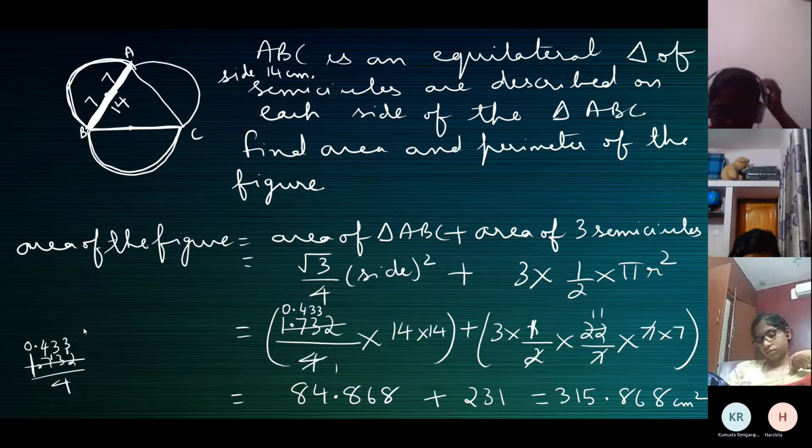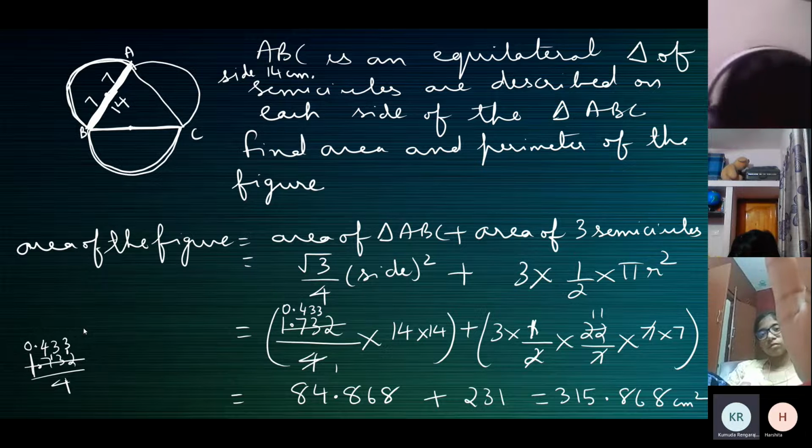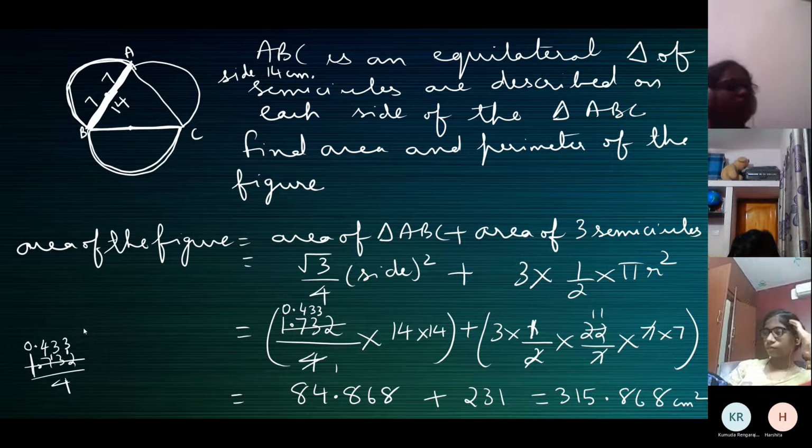One doubt I got, ma'am. Yeah, ask me, please. Ma'am, you only found the answer for one of, ma'am. You're talking about area or perimeter? I'm talking about the area, ma'am.